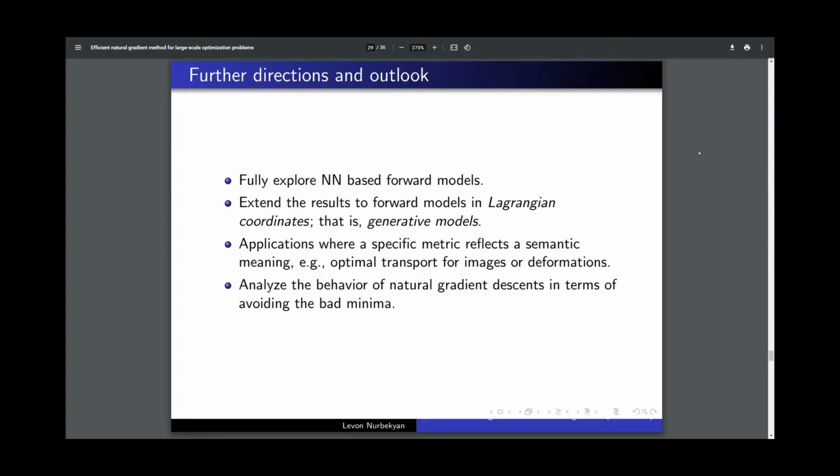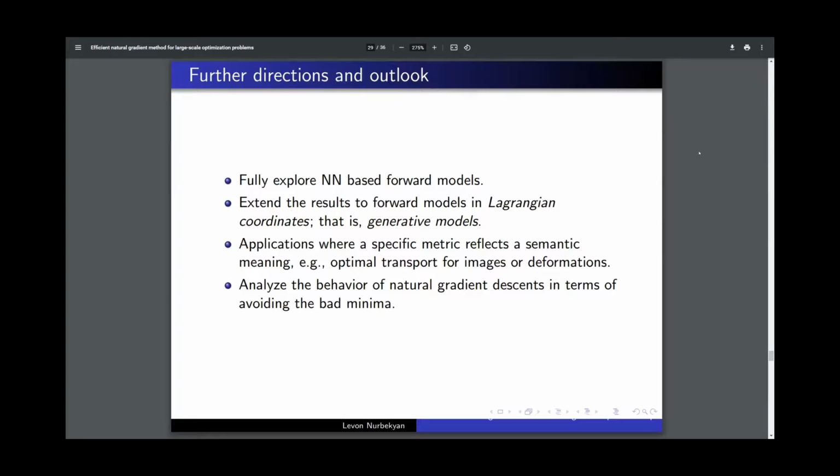We'd like to fully explore the neural network-based forward models. Here we harness the power of fast and reliable computational linear algebra. The forward model was given as either a Gaussian mixture model or a PDE model, but we can have neural network-based forward models, and that's what we're talking about today multiple times.